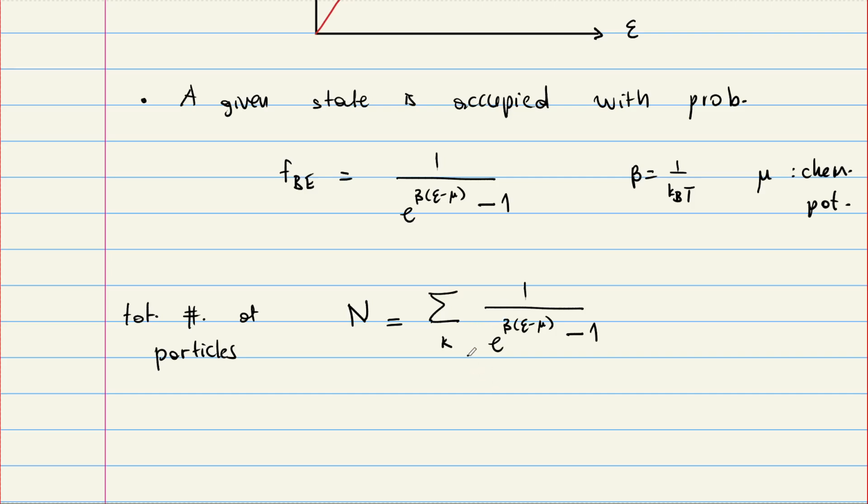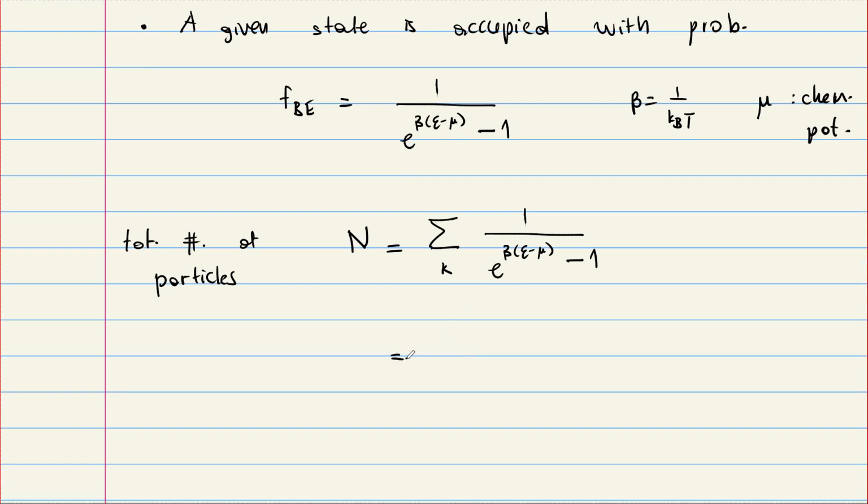That's why we have to convert it to an integral, and that's why we need the density of states. If you convert it, this is going to be V times d cubed k over (2 pi) cubed, and this thing comes out as it is.